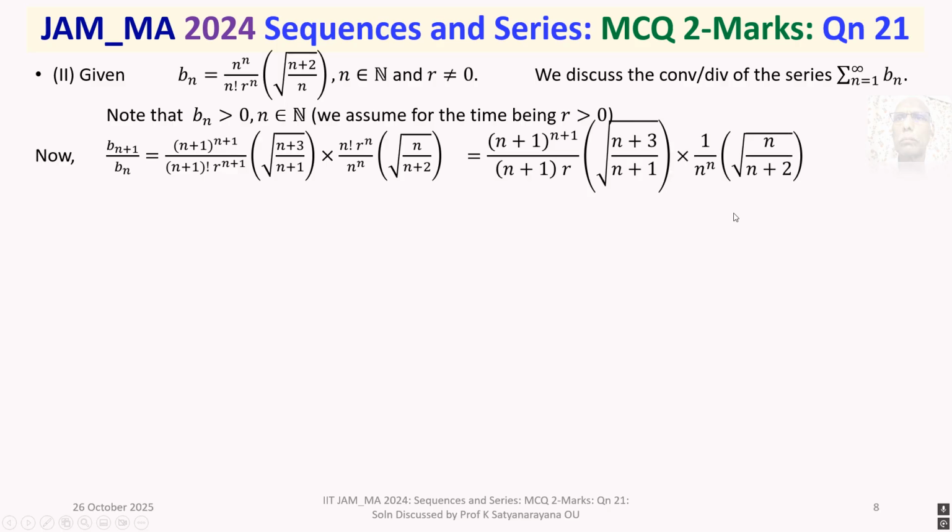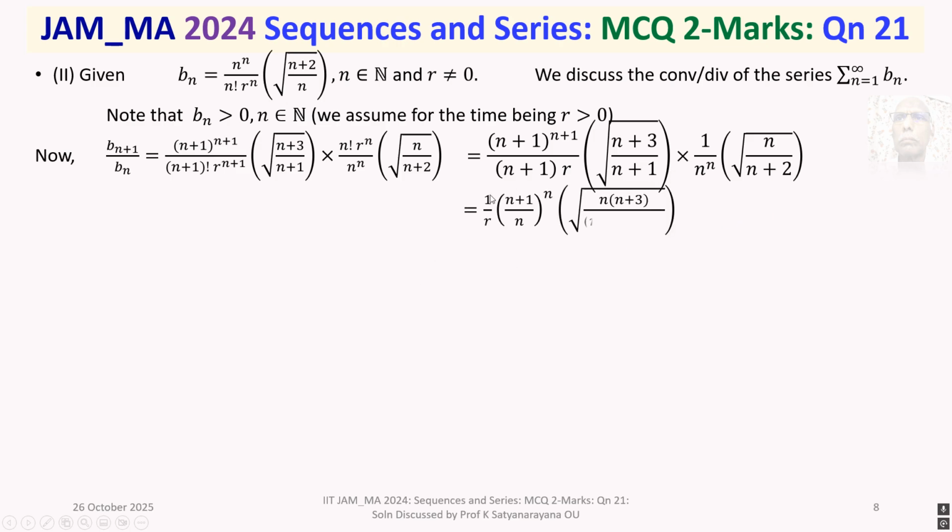Now you cancel n plus 1 with n plus 1 to the power of n plus 1. After cancellation, it will be n plus 1 to the power of n. That you club with 1 by n power n, and that will be n plus 1 by n whole to the power of n. And these two will get multiplied.